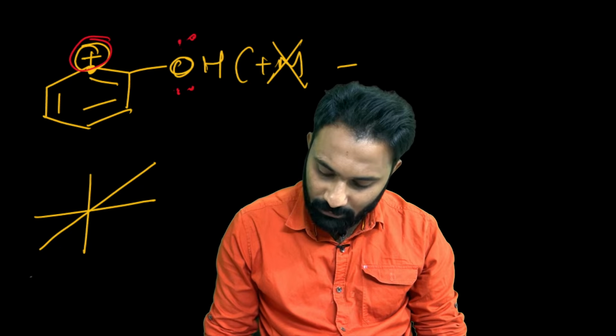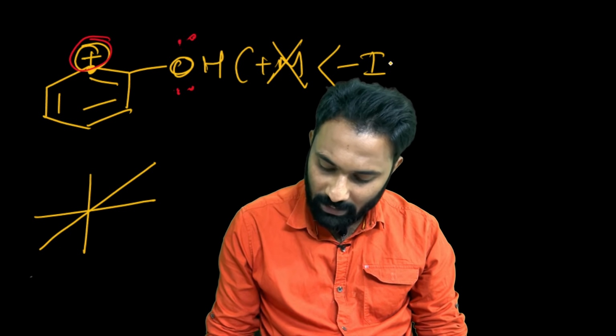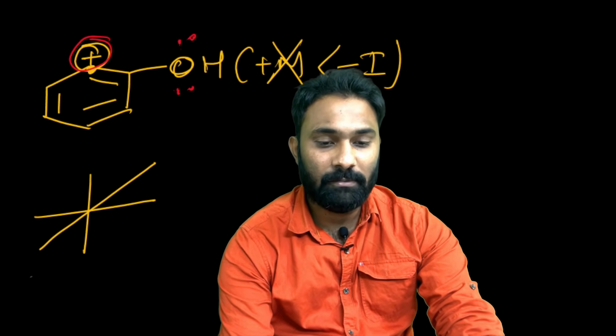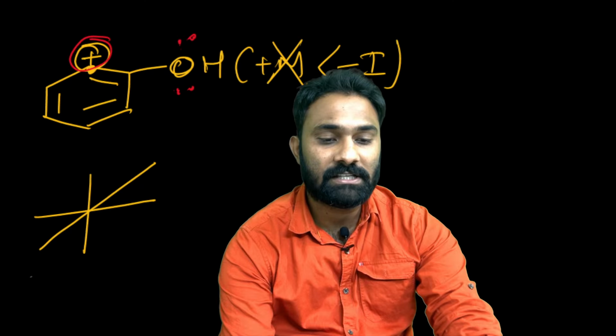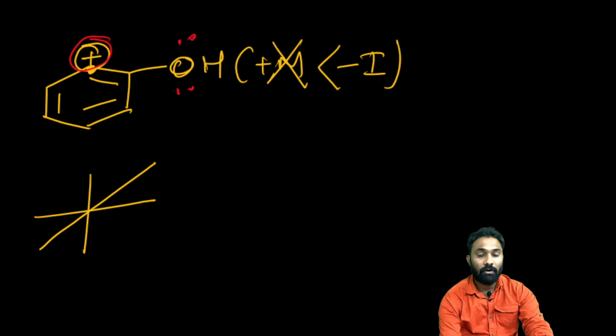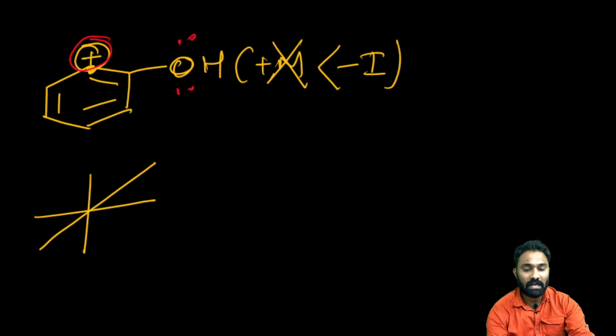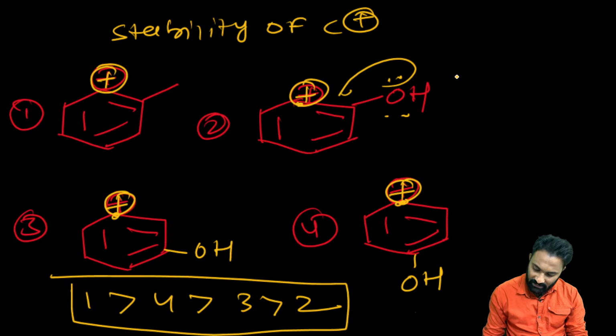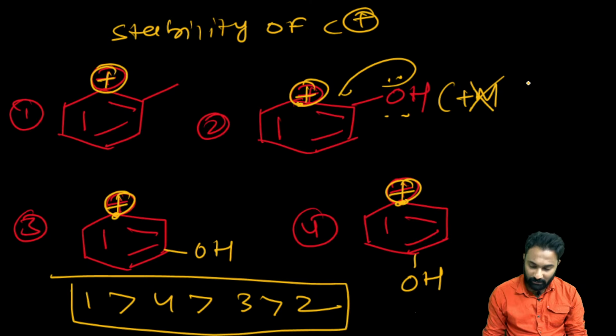Now which effect will be more dominating for this one? Minus I effect will be more dominating. Since delocalization is absent, plus M effect is absent, right? Now you see, that's the reason. Plus M effect is absent and minus I effect will be present.